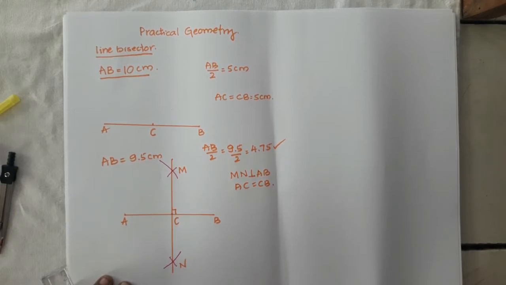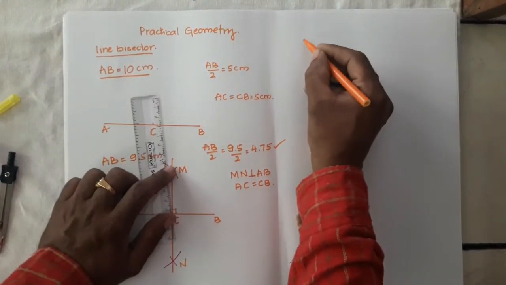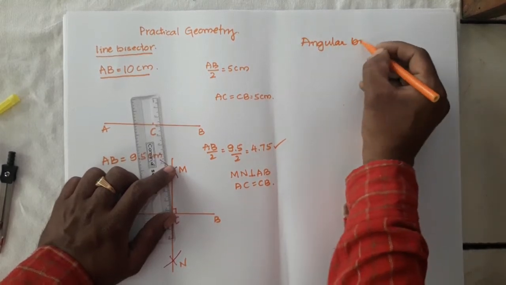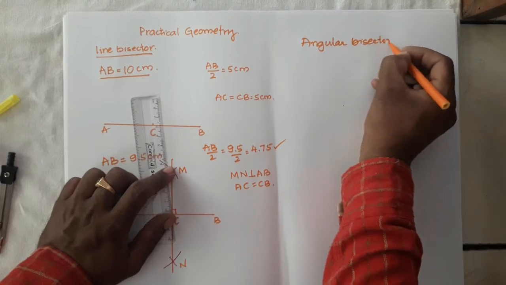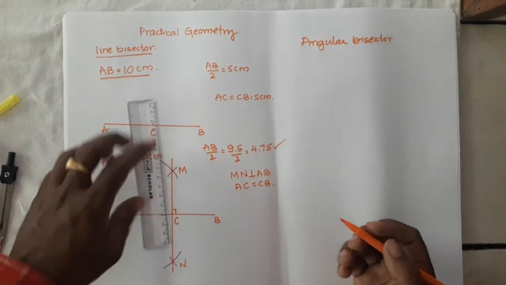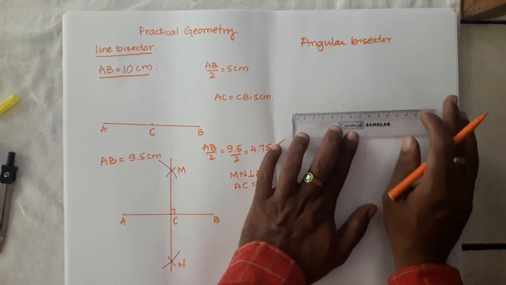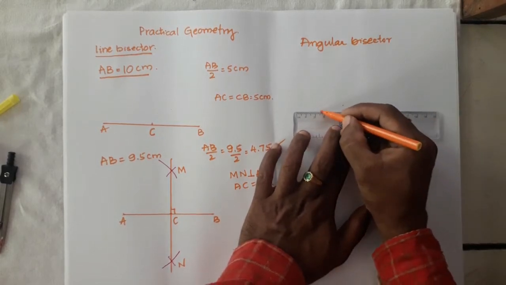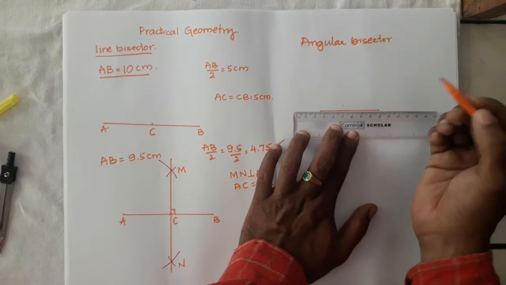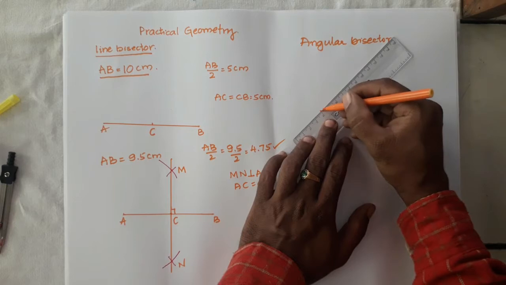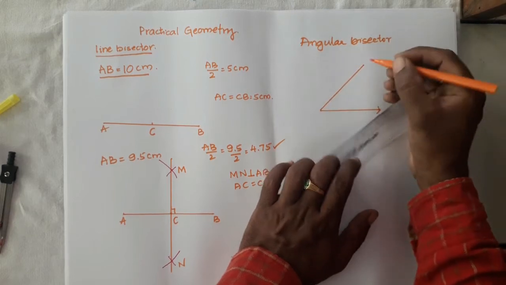Now I will be telling you how to make an angular bisector. For that, we require some angle. We all know that whenever two rays initiate from a single point, we get an angle. An angle is formed when two rays start from the same point.